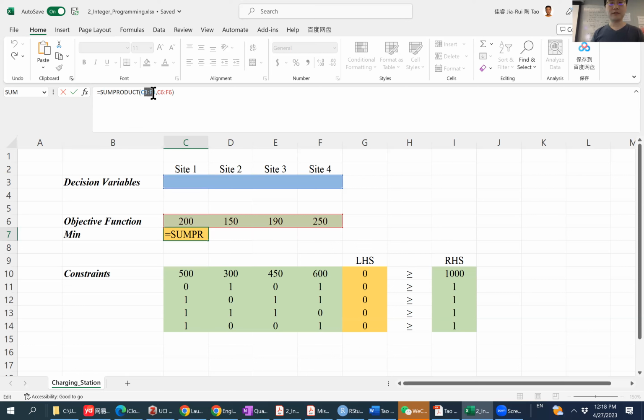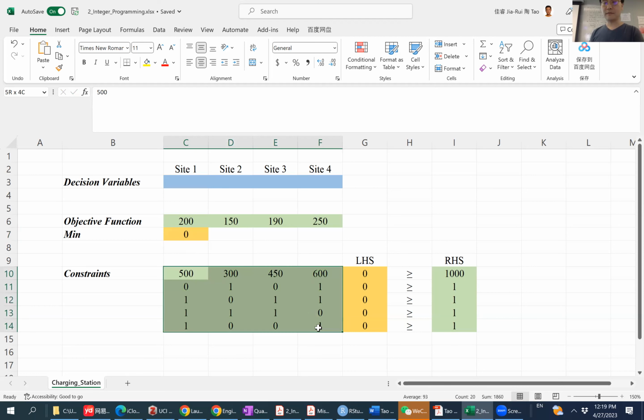When doing so for sum product, you should select one row or one column as one side of the multiplier and another row or column as the other side. So here I selected one row of the x's, the xj as one row, and all the coefficients of the objective function as another row. That's how I can calculate the objective function.